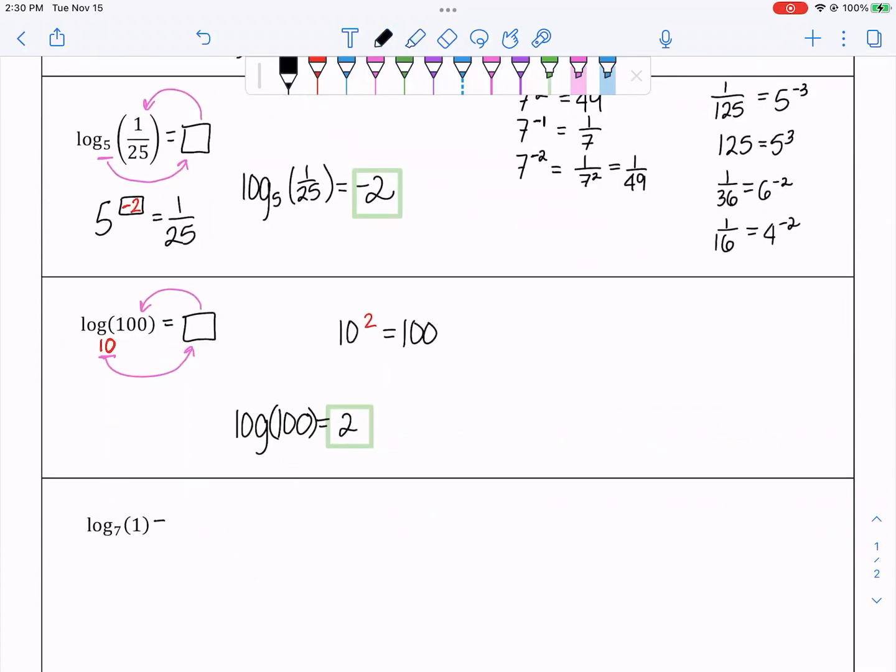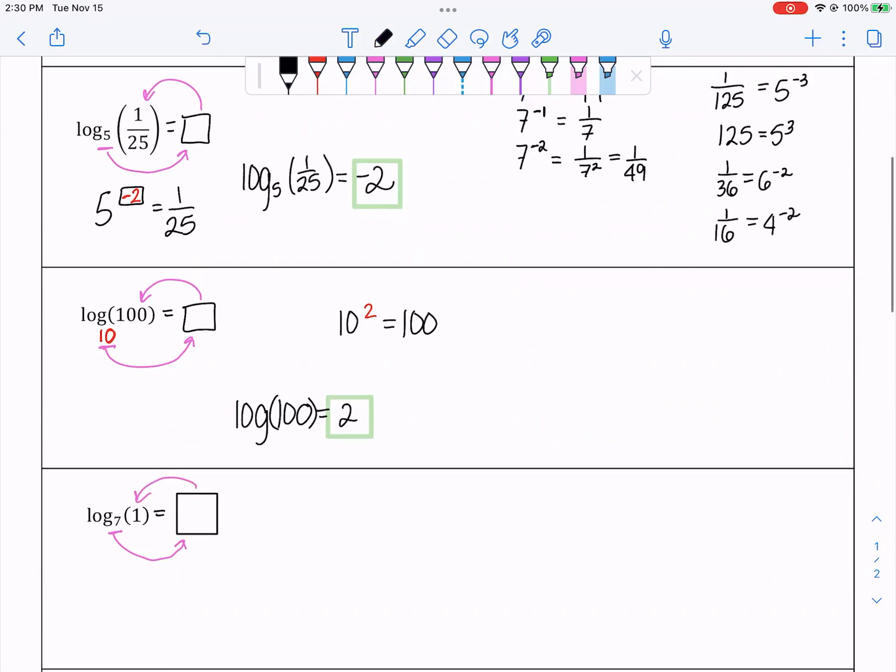Okay, you can see how this game works. The game doesn't get much different than this. Start at the base, across the equals, back again. 7 raised to what power gives us 1? Make it into a box.